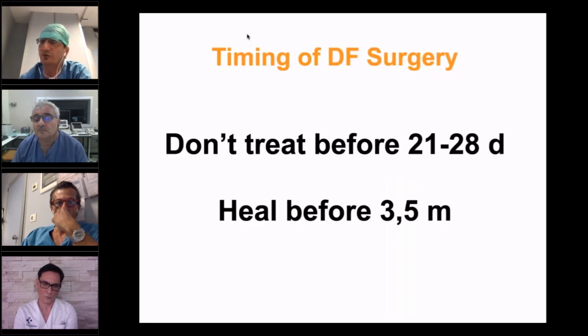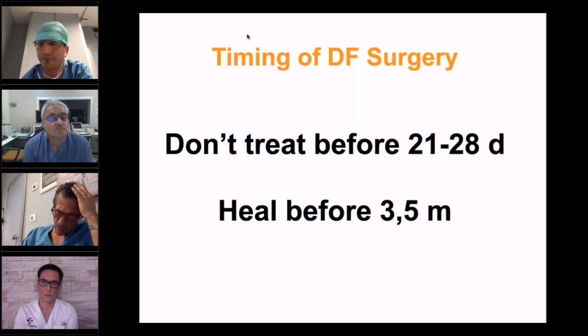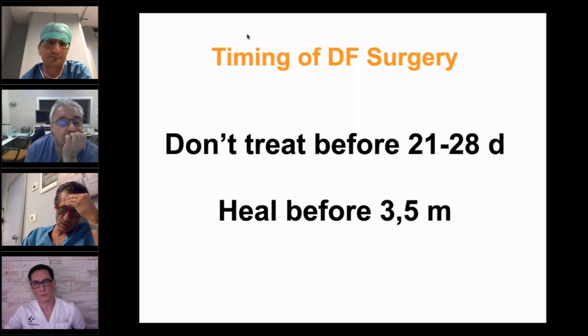So to simplify a lot, perhaps to simplify too much, I could say that I don't have to treat the patient before 3-4 weeks after the PTA, but I have to heal the foot and the patient before 3 months, because otherwise the risk for a secondary critical limb ischemia is increasing.